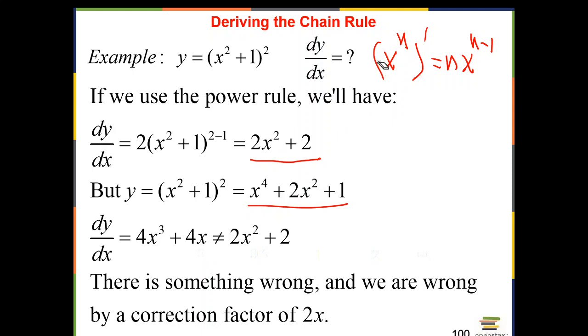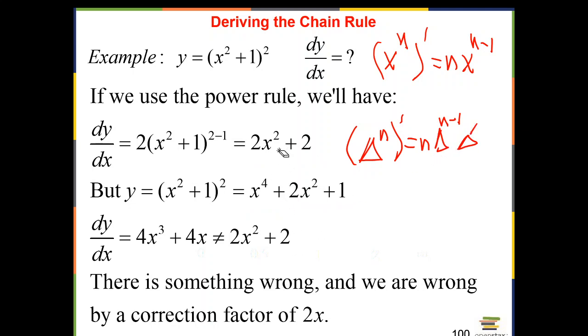So that means don't use this formula if you have something like this, right? If there's a structure to the nth power, the derivative of it is not just n times that structure to n minus 1. We're going to see the answer is this, but you have to take the derivative of the inside and multiply by that too. And that's what we're going to do.